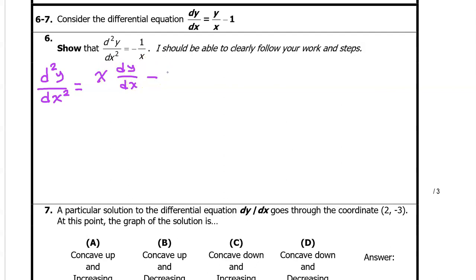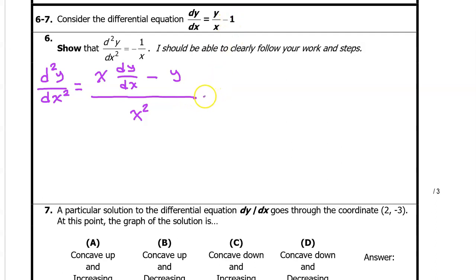Less means subtraction. And now I'm going to say high d low. High is just the numerator, and d low is the derivative of the denominator with respect to x. So that's just 1, so I don't need to write that down. Draw the line, and down below, the bottom squared will go. So there's your quotient rule.